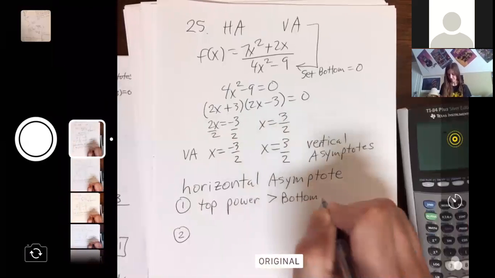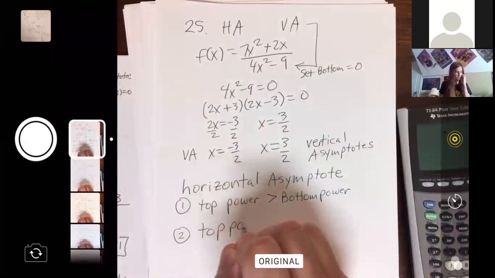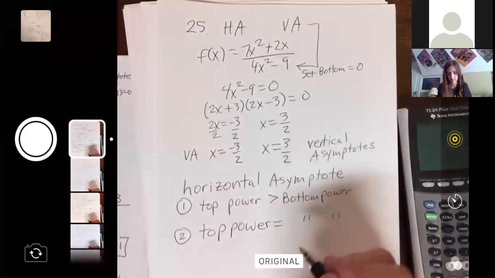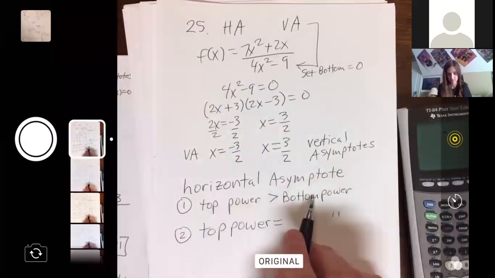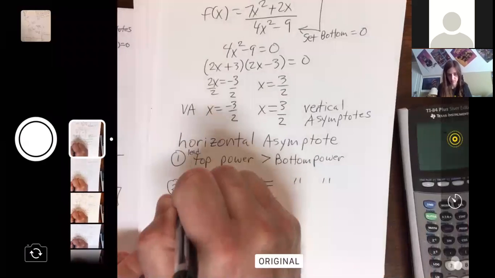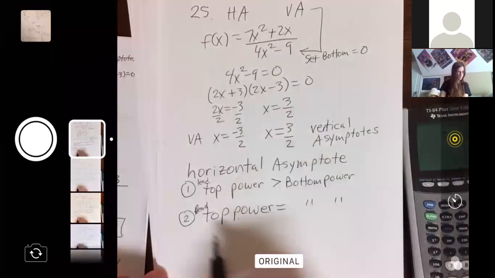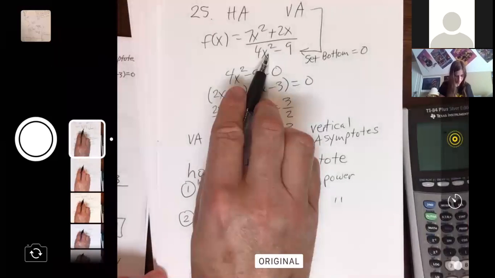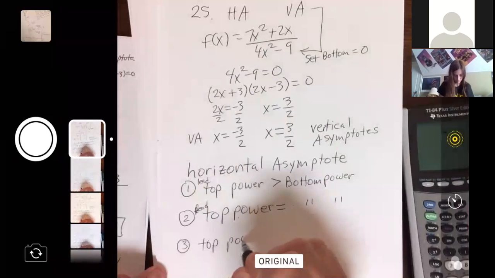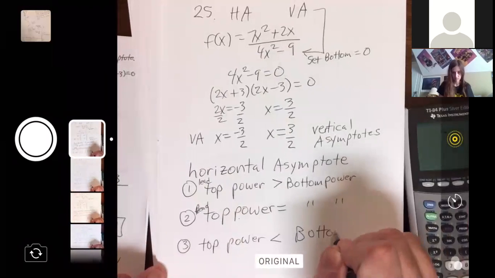You don't have to write down all 3 cases; I'm just doing it for anybody watching this later who wants to review, in case it's a different case from this one. The top power can be greater than the bottom power. We're talking about the leading terms. This one is case 2: your top power equals your bottom power. The third case is your top power less than the bottom.